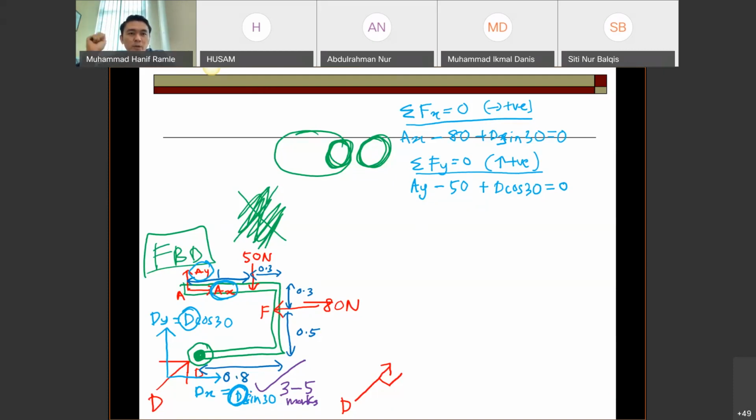If you do exercises or test questions, you have to choose the point that has more unknowns compared to other points. So we choose a moment about point A, and it must be equal to 0. Let's say clockwise is positive.